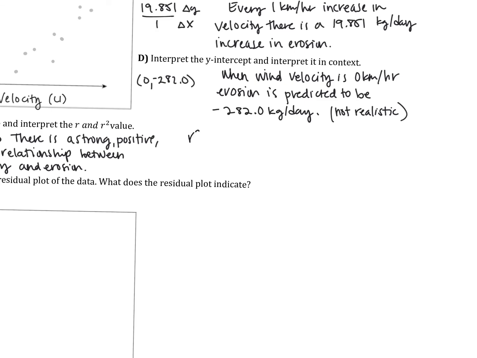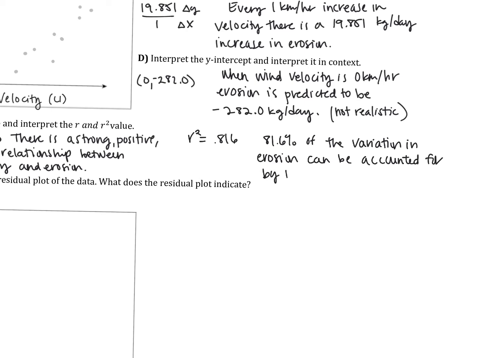R squared is equal to 0.816. So this means 81.6% of the variation in y, which is erosion, can be accounted for by the linear relationship with x, and x is velocity.